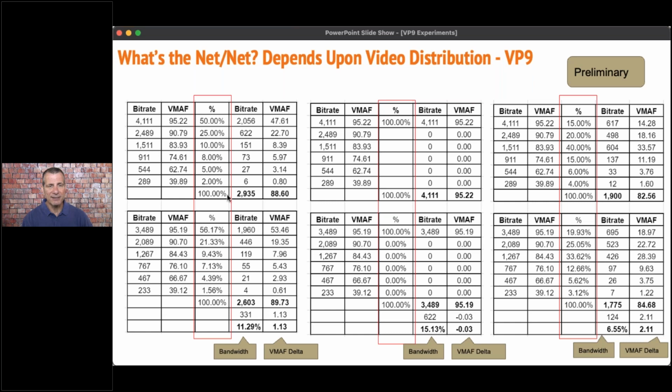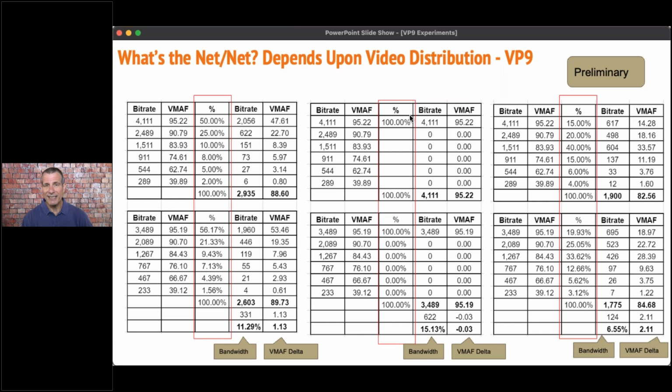But if we do the same analysis here with this distribution, we see that the average bit rate that we distributed goes from 2935 to 2803, which is only 11% savings. We get an increase in VMAF score of 1, but again, because any clip below the top clip doesn't deliver a bandwidth saving, we get much less than what the BD rate would suggest.